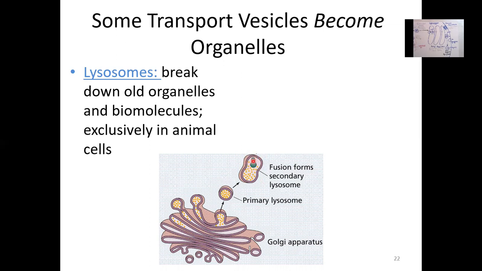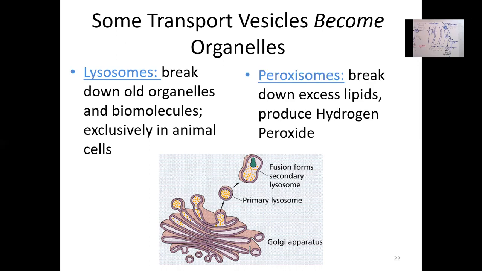So, maybe we're eating something, or maybe this is a type of white blood cell that recognizes, oh my goodness, that does not look right. That looks like a spike protein from a virus, for example. We're going to take it in, break it down, and then deal with it accordingly. Okay, so lysosomes, super important. They will come up again.